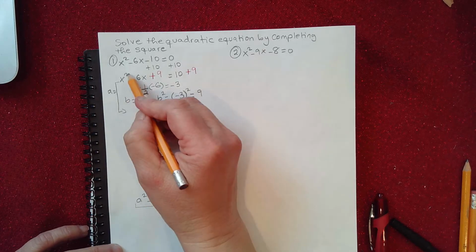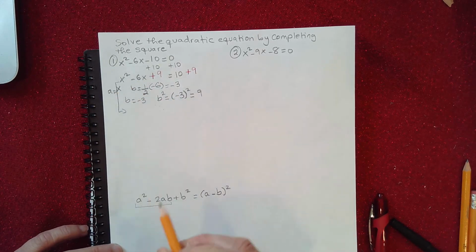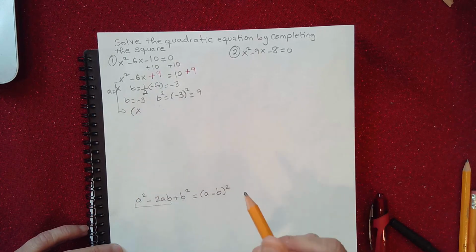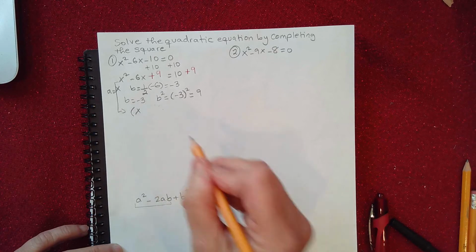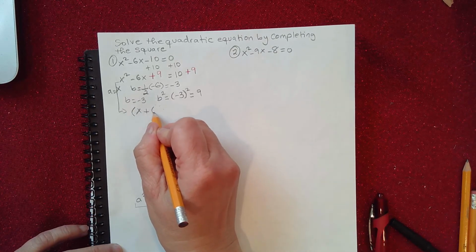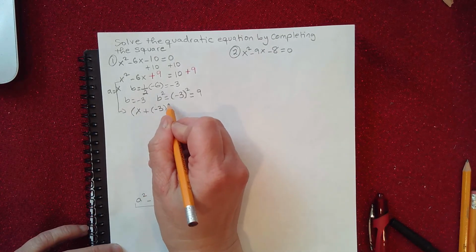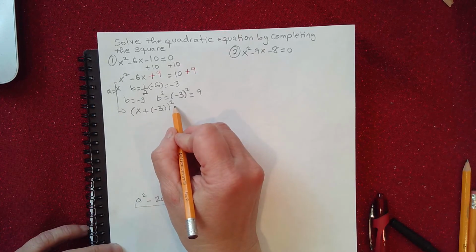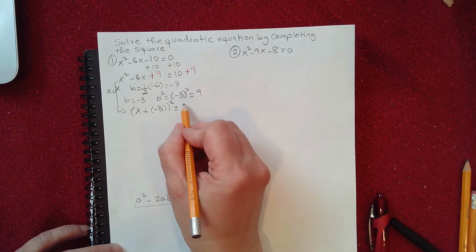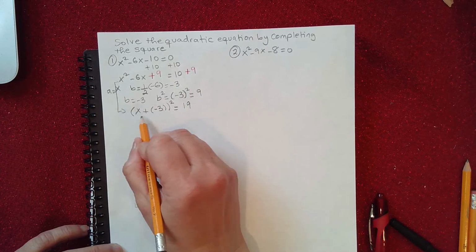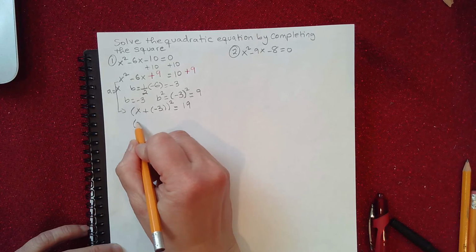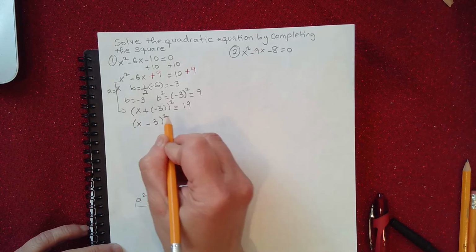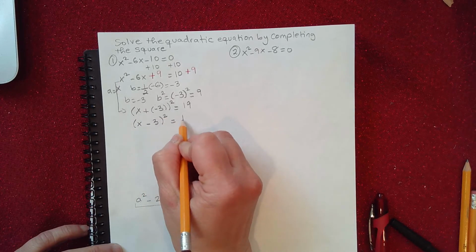So a squared is x squared, and a is x, plus b, which is -3, squared, equal to 10 plus 9, which is 19. Simplifying this, I get (x minus 3) squared equal to 19.